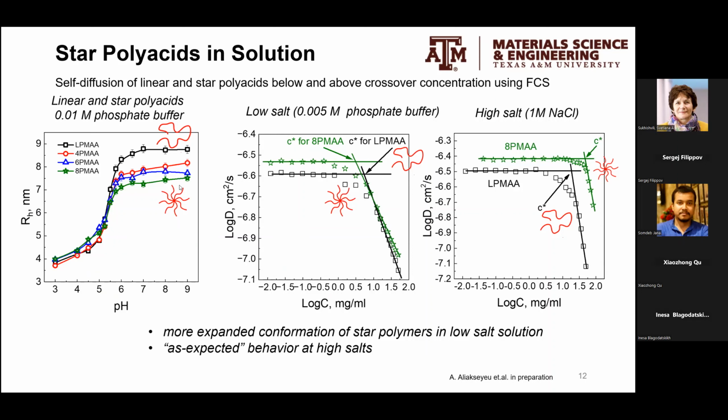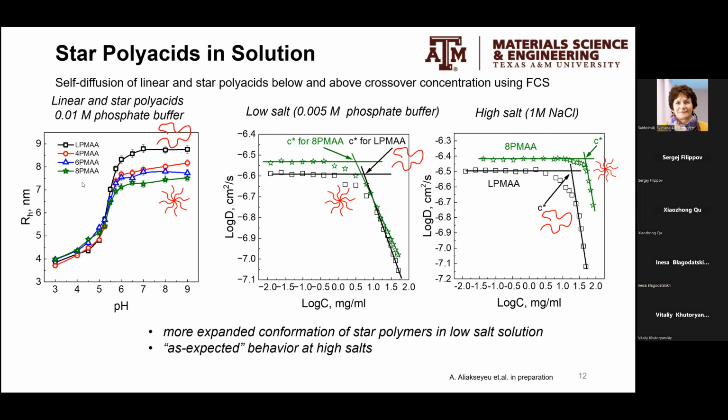You definitely see that at a higher pH, the linear chains are more expanded, as expected. So lower density of segments, higher expansion. As you decrease pH, however, all curves collapse to the same curve. And this is because at the low pH, the internal hydrogen bonding between the carboxylic groups sets in. And this actually masks the differences in the hydrodynamic sizes. They all become relatively compact.